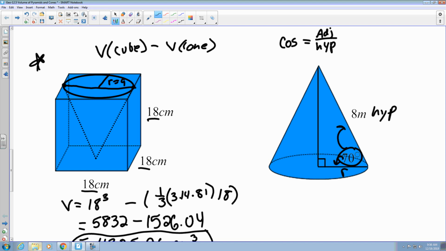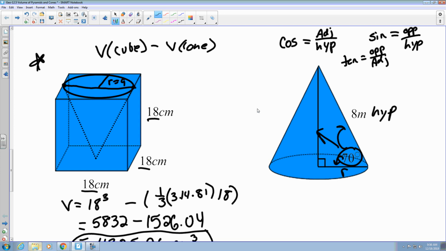All right, remember, just to reiterate, sine is opposite over hypotenuse, and then tangent would be opposite over adjacent. Just a quick review of those trig ratios.